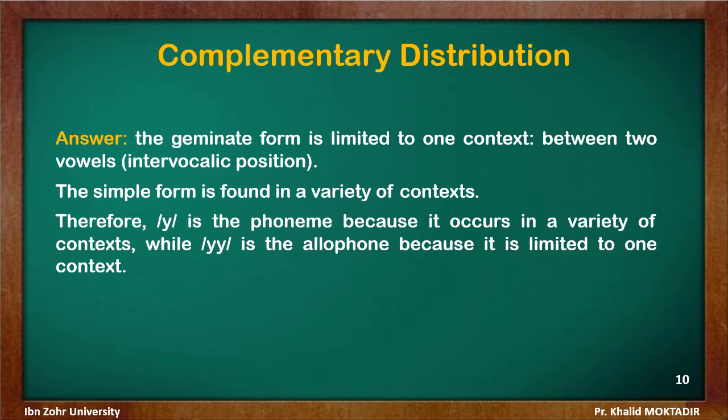So here we're applying, if you remember, the principle of frequency of occurrence, therefore satisfying the elsewhere condition. I guess that rings a bell. We move on to the next slide.